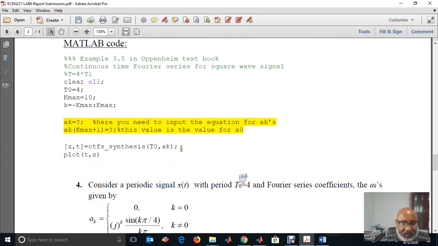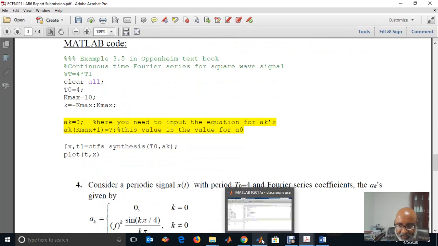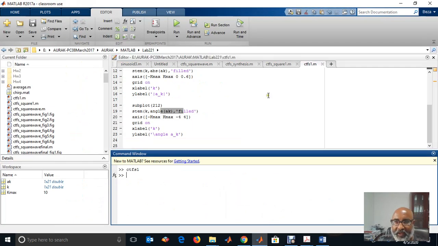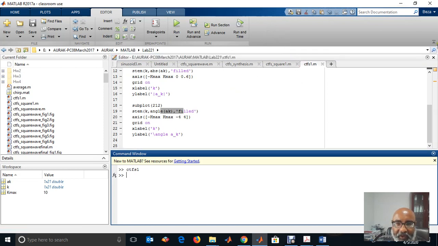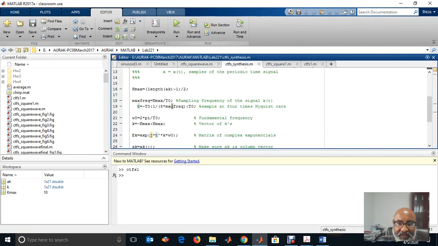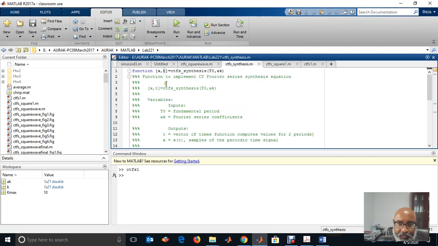So again, I started here some small program. I will show you here in MATLAB also. Okay, so first of all, what is this CTFS synthesis function? Let's go through this. What is this function? This is the name of the function.